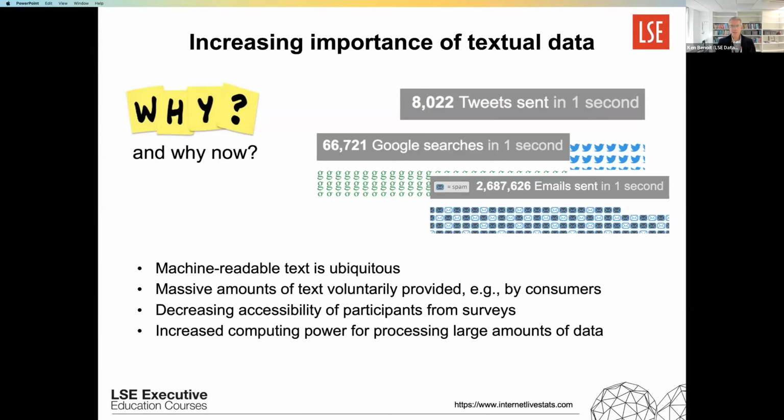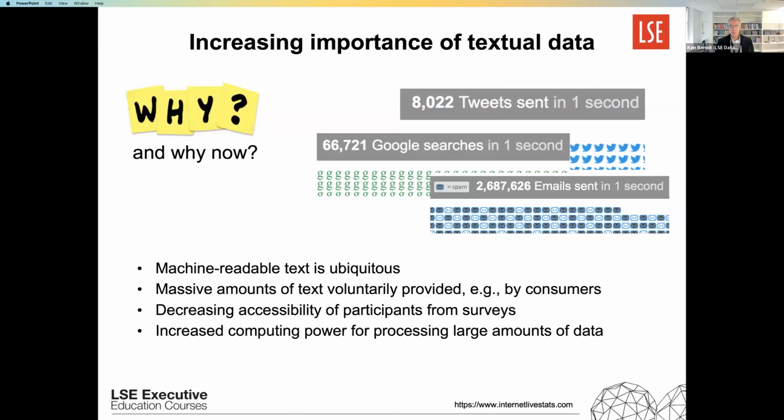There are 66,000 plus Google searches in a second, and 2.7 million emails sent in a second. These massive amounts of text are things that people are providing voluntarily, and they're things that are being recorded by businesses either as a byproduct of their activities or in some cases as a direct product of their business.